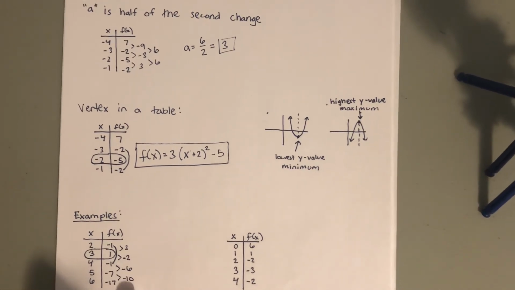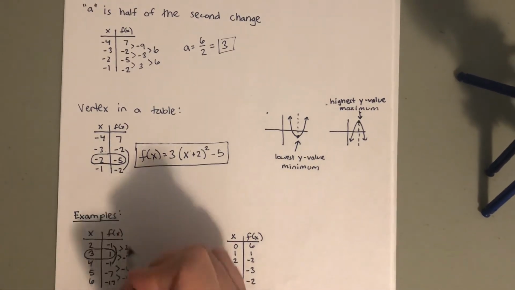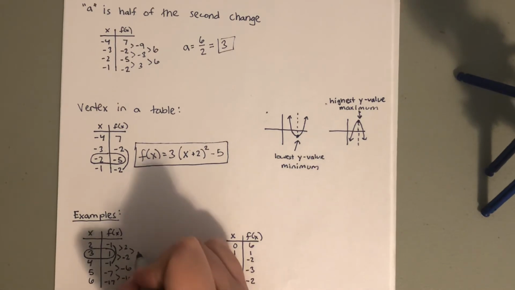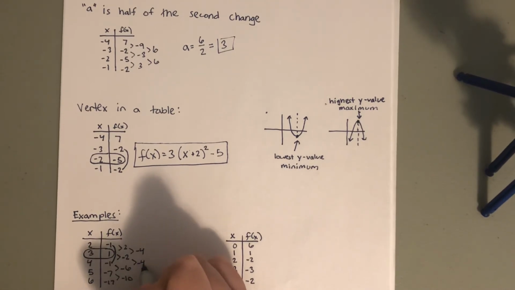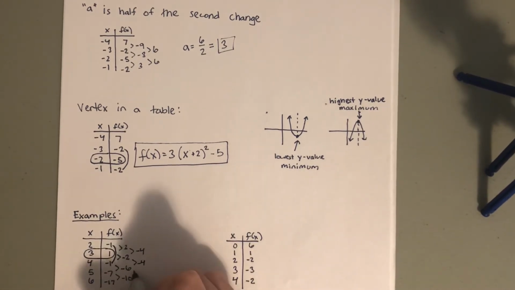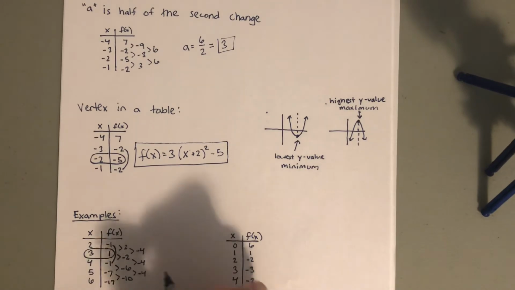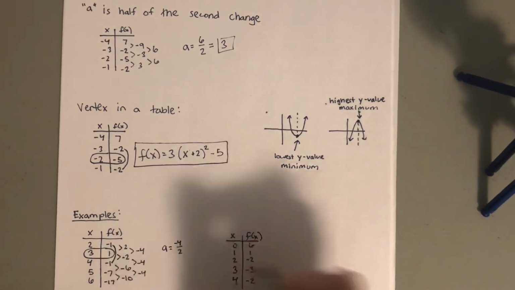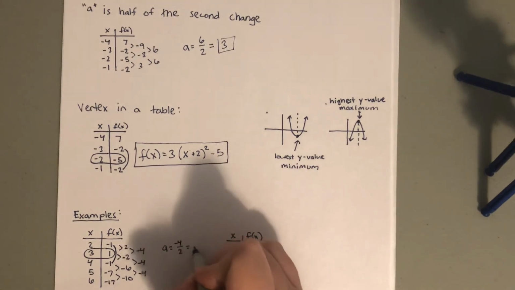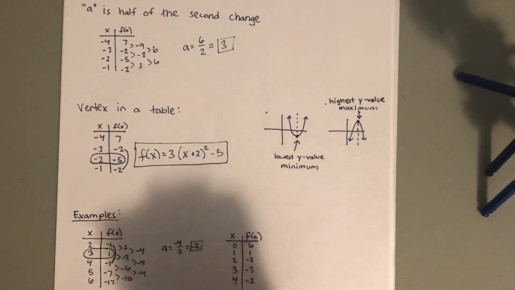That's our first change. Now we're going to find our second change. From 2 down to -2 is -4. From -2 down to -6 is -4. And from -6 to -10 is also -4. That tells us that our A value is half of -4, which is -2.